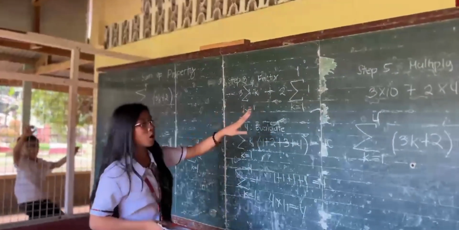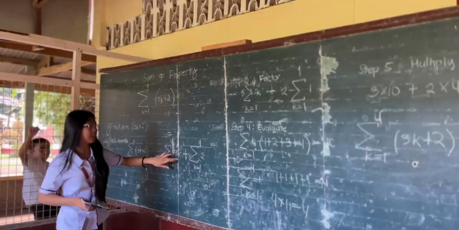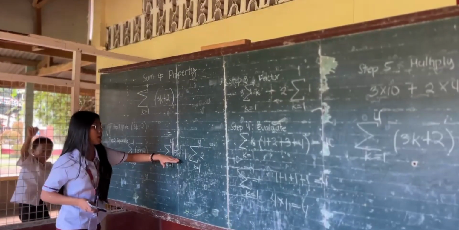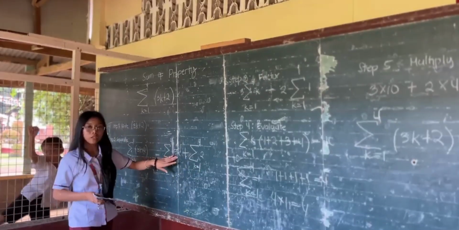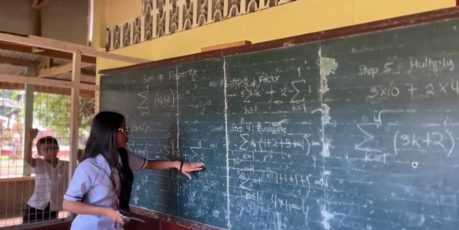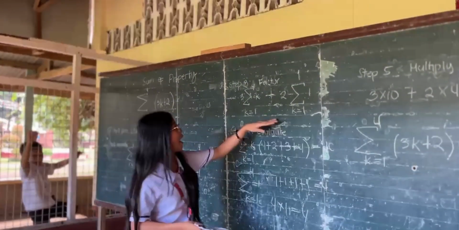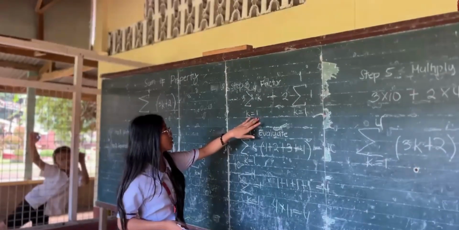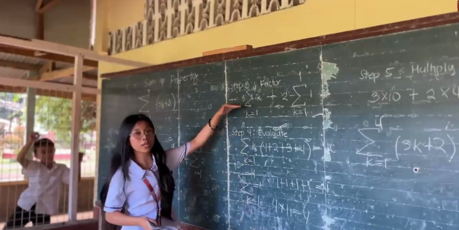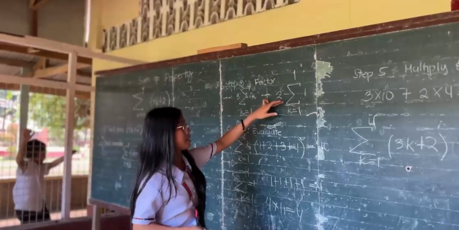So, to factor it, we just transpose that 3 to the right, so we have 3 times the summation of k where k equals 1 to 4, and as we can see, the 3 is already here, together with this.